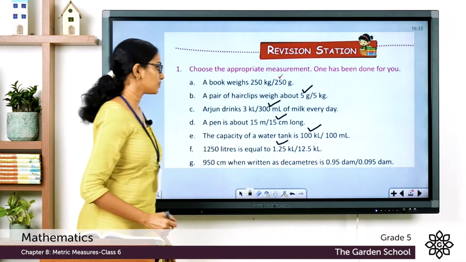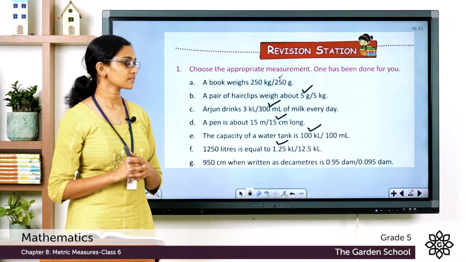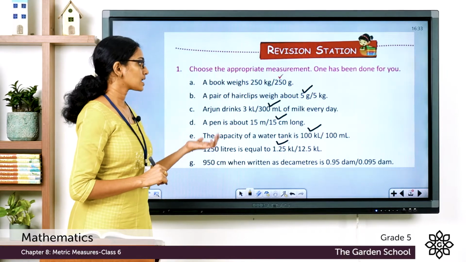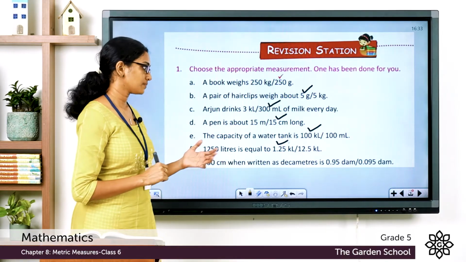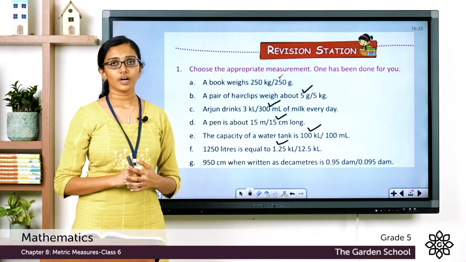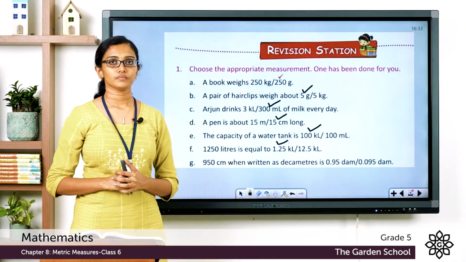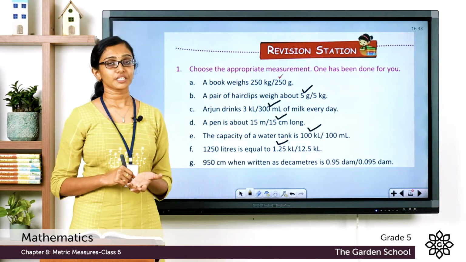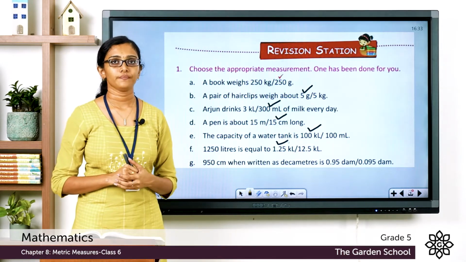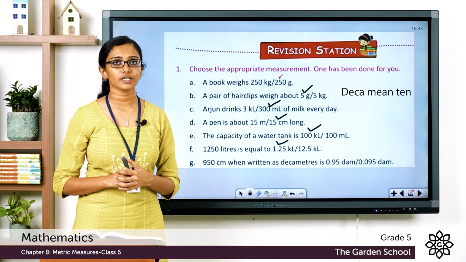It is 1.25 kiloliters. Now, 950 centimeter when written as decameters is 0.95 decameter or 0.095 decameter. So what is a centimeter? Centimeter is 1 by 100th of a meter. And what about a decameter?